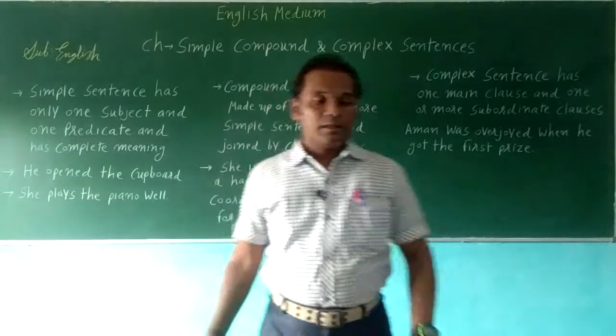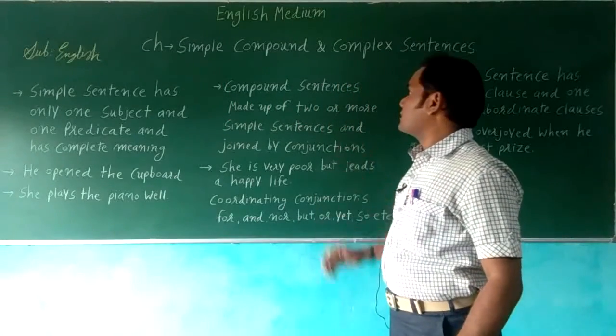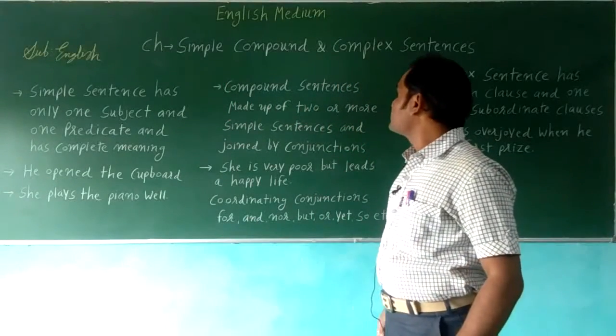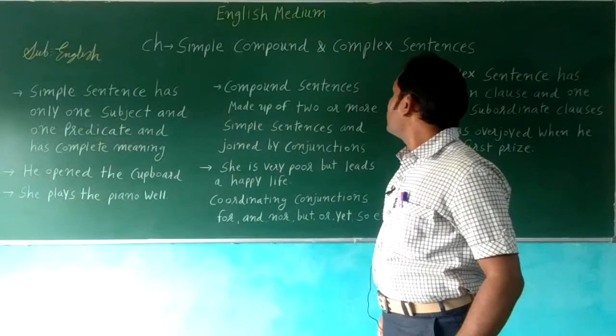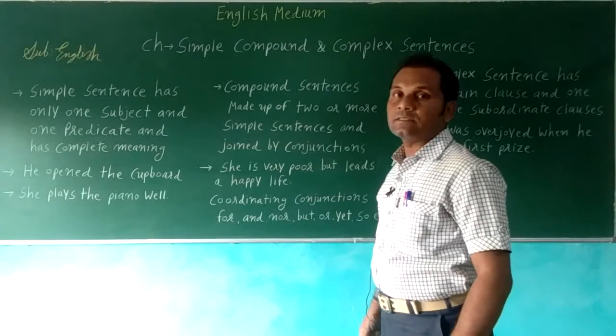The next thing is the compound sentence. A compound sentence is made up of two or more simple sentences joined by conjunctions.